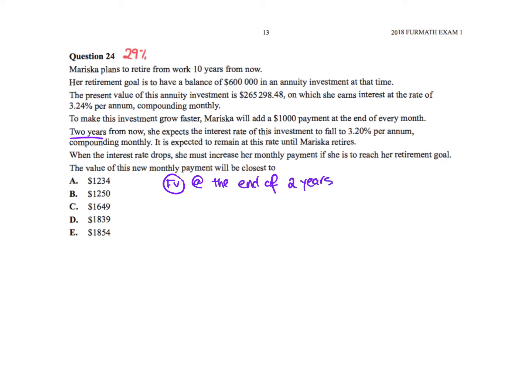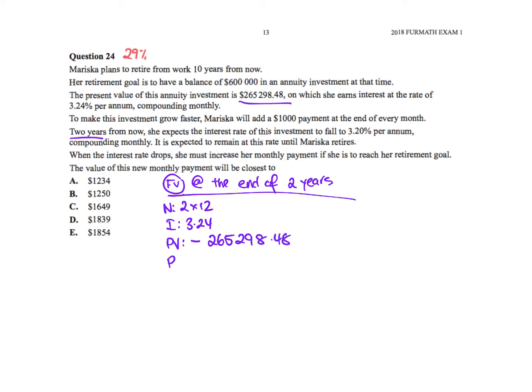So if I was going to do that in Finance Solver, I'd write N as 2 times 12, interest rate was 3.24 at that time. PV is what she has at the moment, which was that up here.